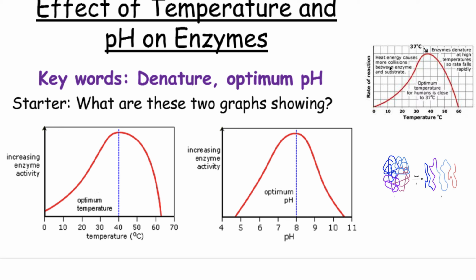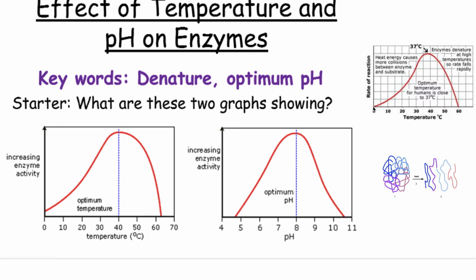Everything is constantly moving. In order for a chemical reaction to occur, you need your substrate to collide with an enzyme so that they can bind. If it's 0 degrees, chances are nothing's going to be moving, nothing's going to collide, and you're not going to have any chemical reactions.